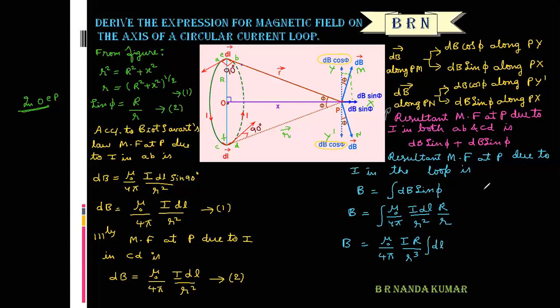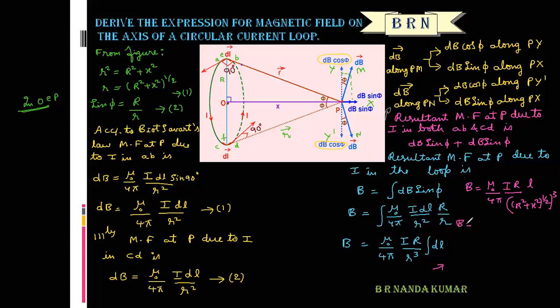Okay, integration of dl is L. The next step, B is equal to mu naught divided by 4 pi I capital R divided by, actually the small r value is (R square plus x square) power 1 by 2, whole power 3, into integration of dl, which is L.